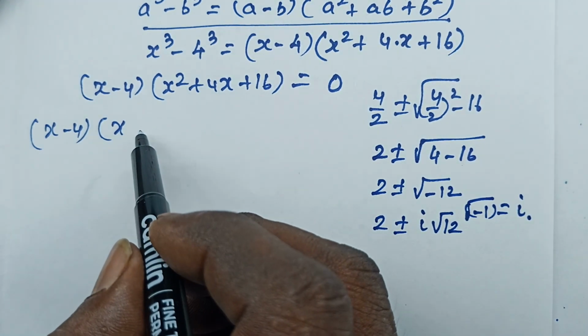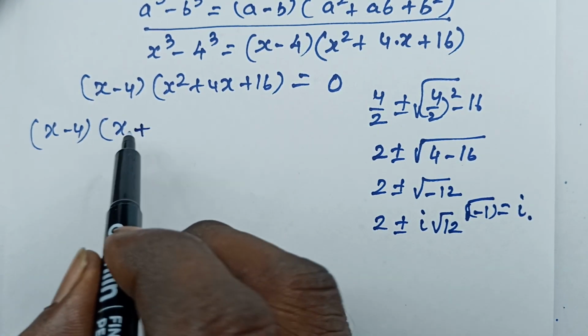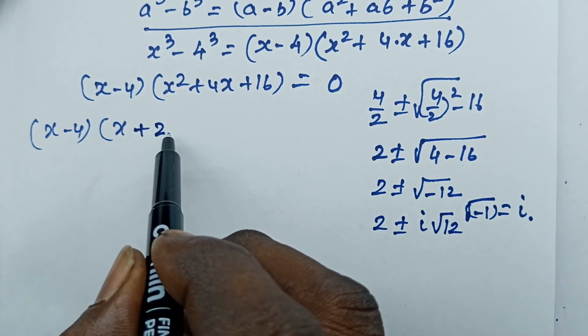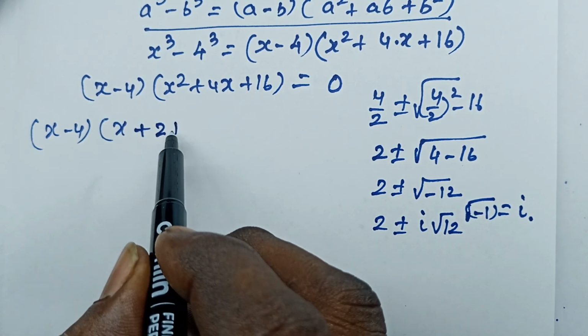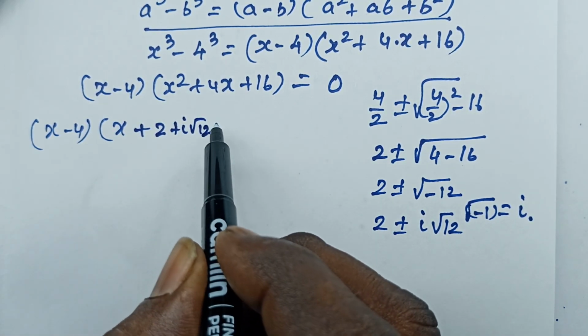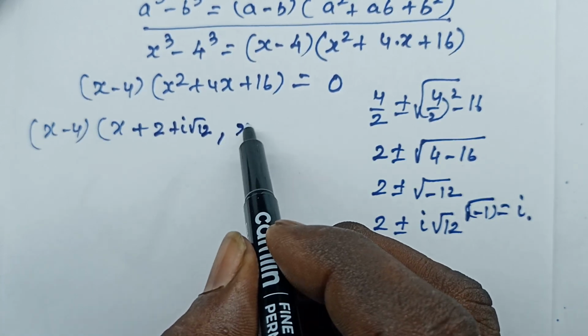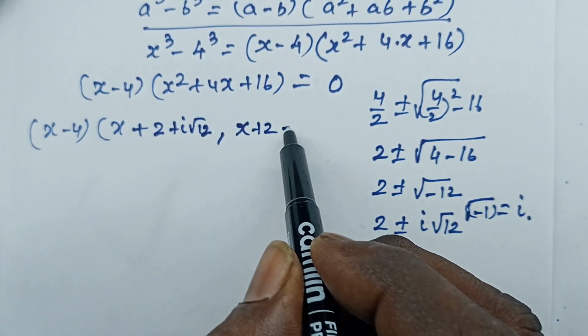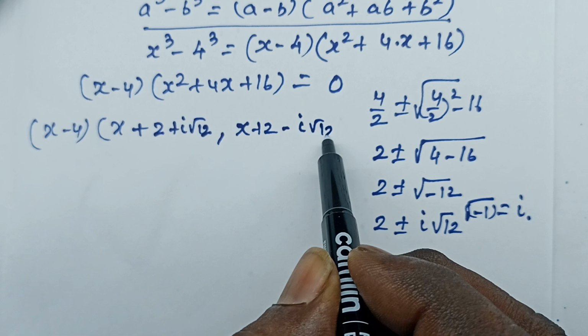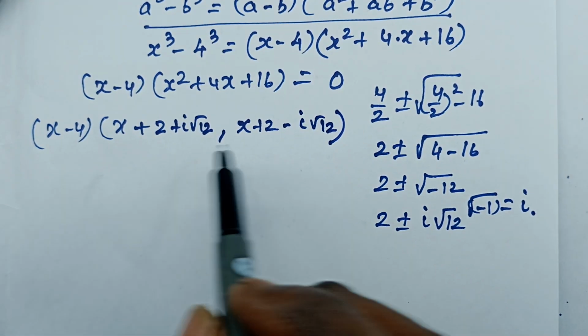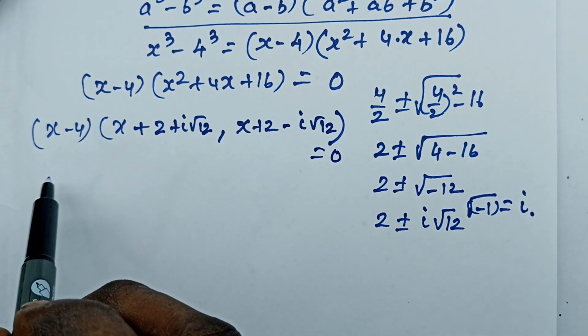So x plus 2 plus i root 12, x plus 2 minus i root 12 equal to 0.